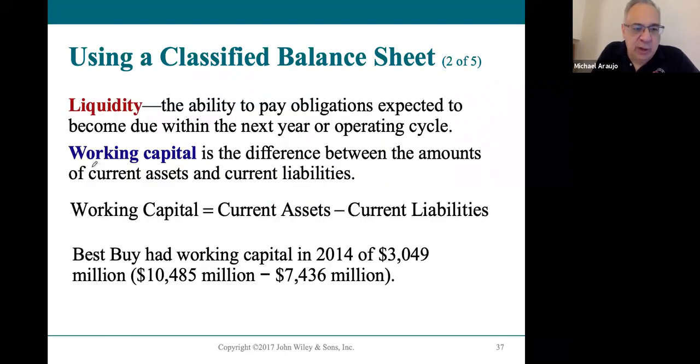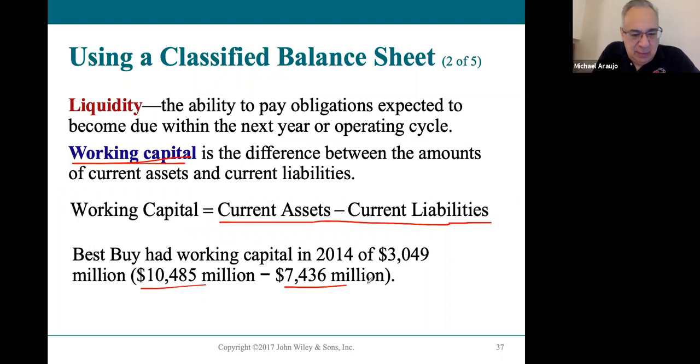The first liquidity ratio they introduce you to is something called working capital. And working capital is just subtracting the amount of current liabilities from the current assets. So like I said in the previous slide, Best Buy had $10.48 billion of current assets.